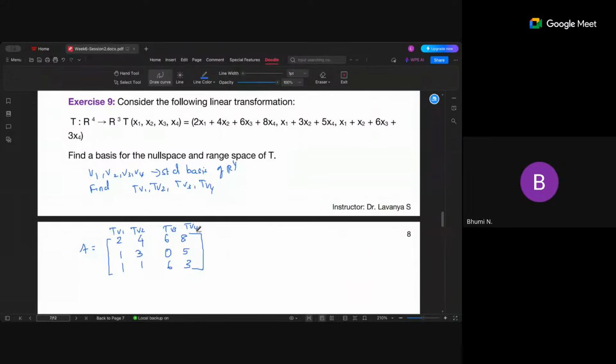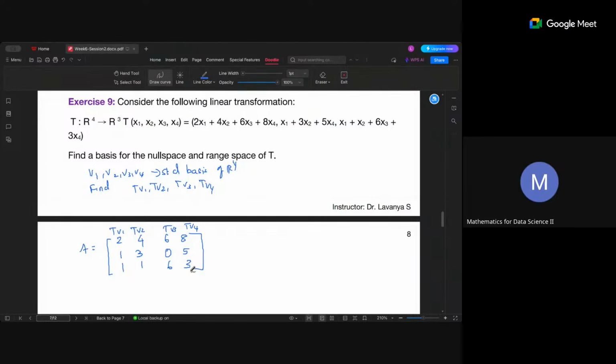I guess that should not be row-wise, it should be column-wise. See, this is your TV1, this is TV2, this is TV3, this is TV4. Is that correct? Yes, ma'am.